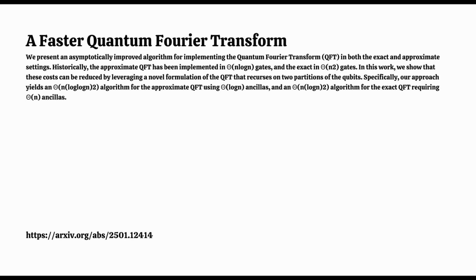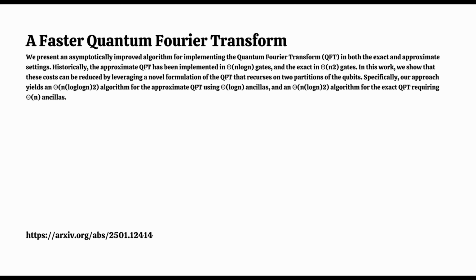So Shaw's algorithms are designed to minimize both of those things. Yes, the gate complexity and the number of ancilla qubits needed. What are the actual improvements that are achieved compared to the more traditional methods? So for the approximate QFT, which historically requires a gate complexity that scales with n log n, Shaw's algorithm achieves a complexity that scales with n log n too, which is significantly faster.